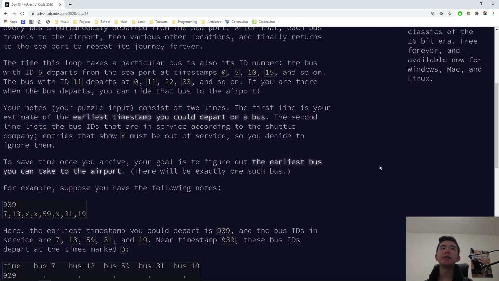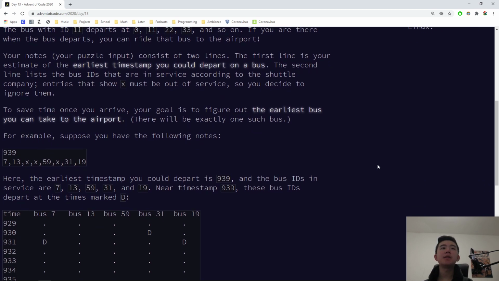Your notes, your puzzle input, consist of 2 lines. The first line is your estimate of the earliest timestamp you could depart on a bus. The second line lists the bus IDs that are in service according to the shuttle company. Entries that show X must be out of service, so you decide to ignore them. To save time once you arrive, your goal is to figure out the earliest bus you can take to the airport. There will be exactly one such bus.